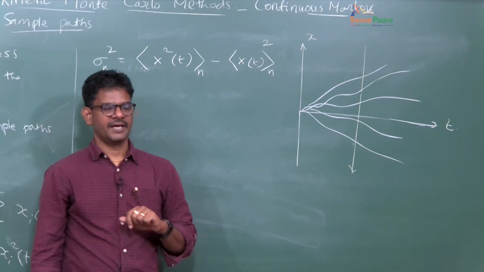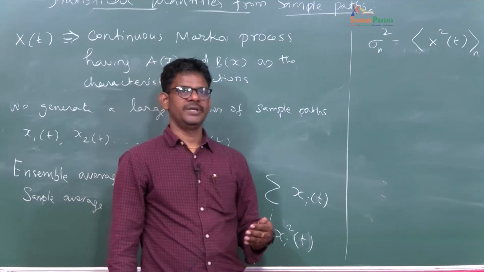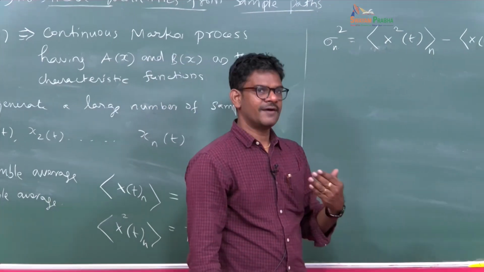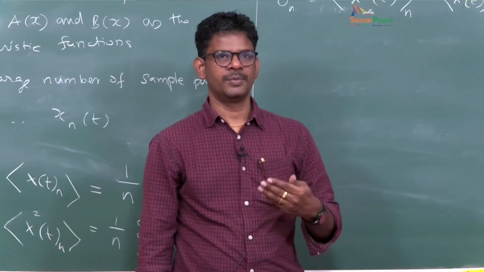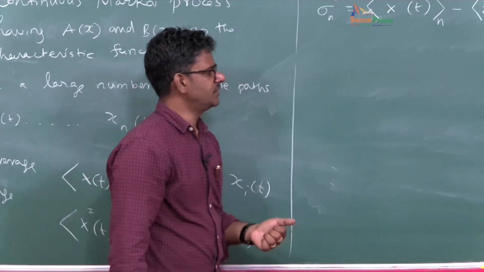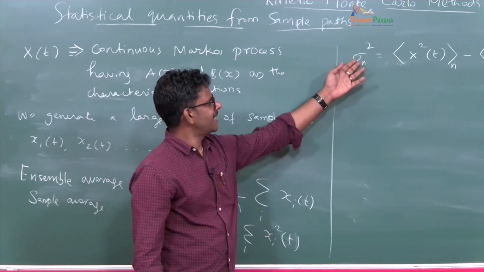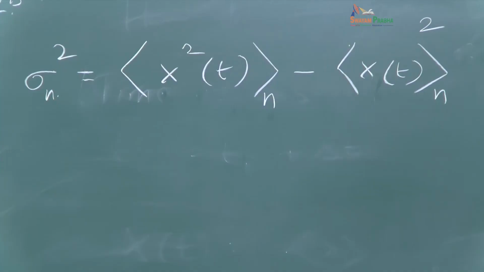Then if I calculate mean and variance from this finite number of sample paths, that would have certain uncertainties, which could be a little different from the true averages. So to see to what extent we can say confidently that these sample averages we are calculating based on n number of samples differ from the true average, we can make an estimate of the errors.